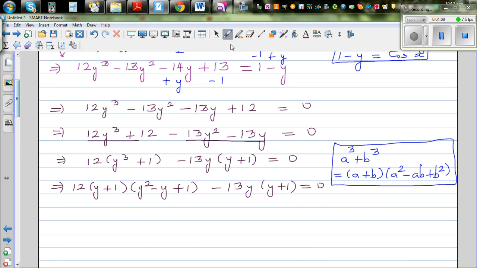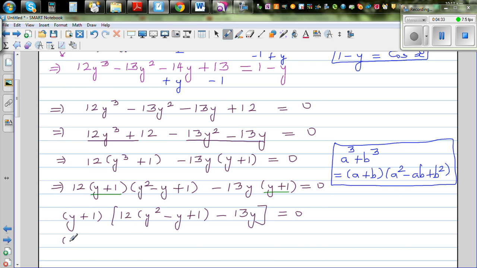Now you can factor out the y plus 1, and you'll have y plus 1 times 12 times y squared minus y plus 1, minus 13y, is equal to 0.